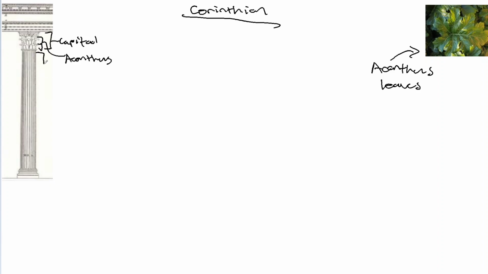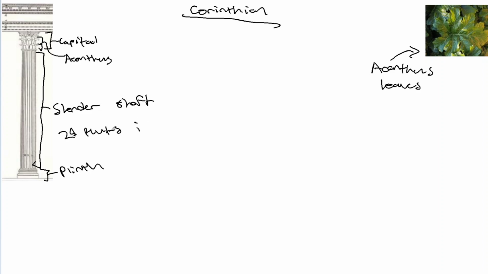The shaft is also slender, similar to the Ionic order, and there's also a plinth. There's also 24 flutes, which is the same amount as the Ionic order.